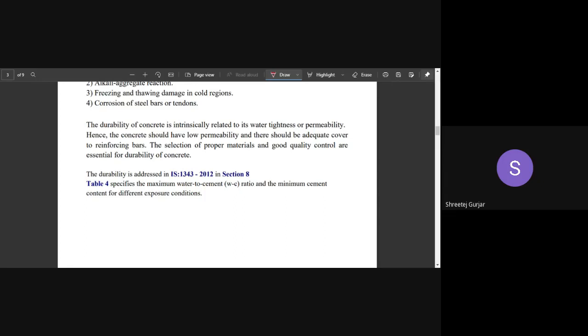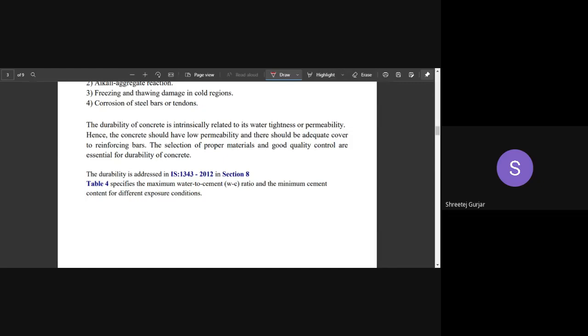In IS 456:2000, which you have used for plain concrete and reinforced concrete, you have table number 5, wherein it gives you, for different exposure conditions, the different water cement ratios and the different maximum and minimum cement content that you need to use along with your covers, right?